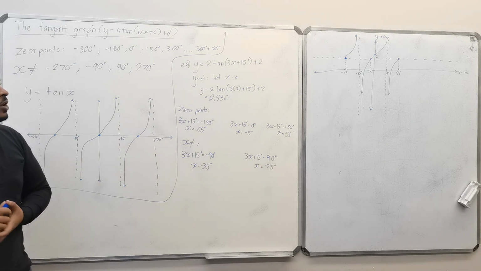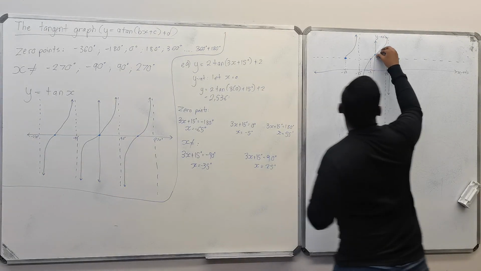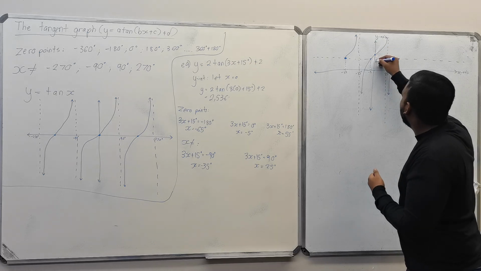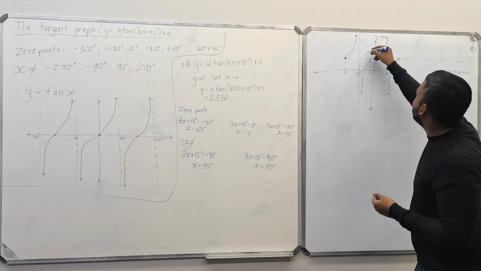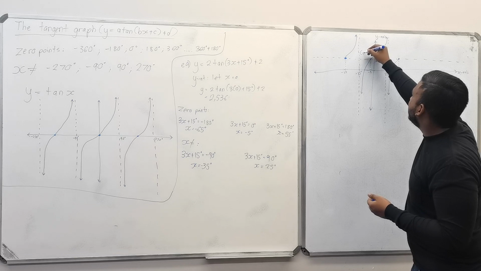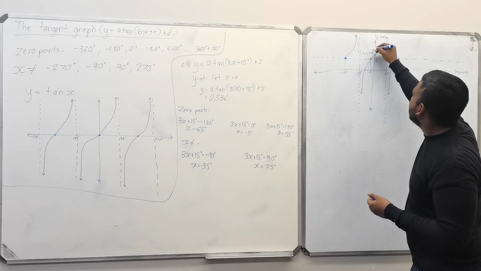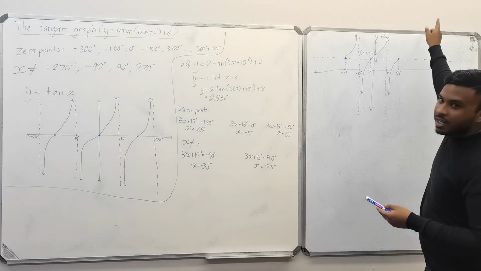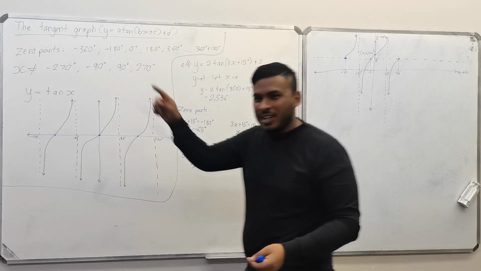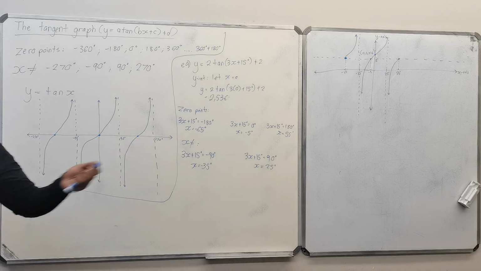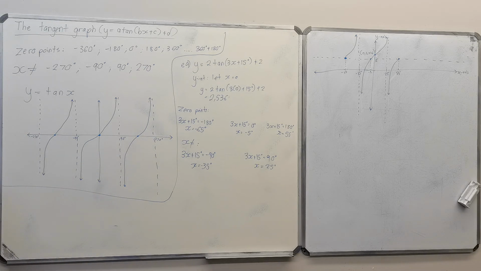No, 2 is this middle leg. The y-intercept is 2.5, so 0 and 2.5. It helps you when you're getting the shape. Remember the first time I drew it, it looked so off. But now it's accurate.